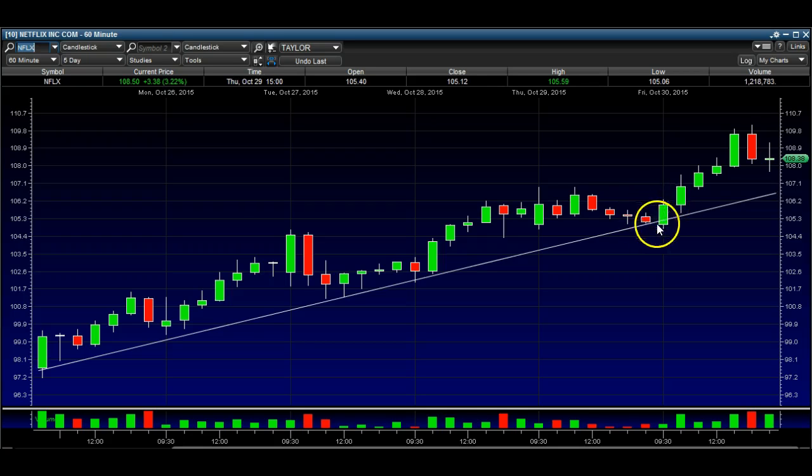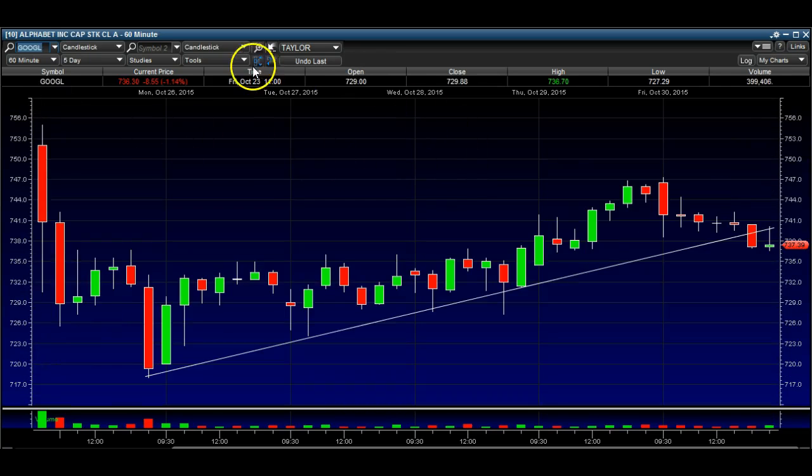So this would not be considered a violation of that trend line. Really nice trend line here. A break of this trend line, a close below it, would be a great short signal. I'm going to take a look at a couple more charts just to make sure that you've got this down pat.